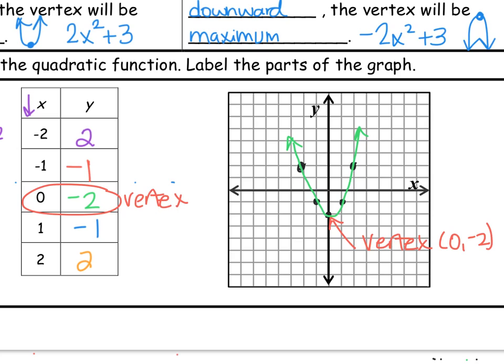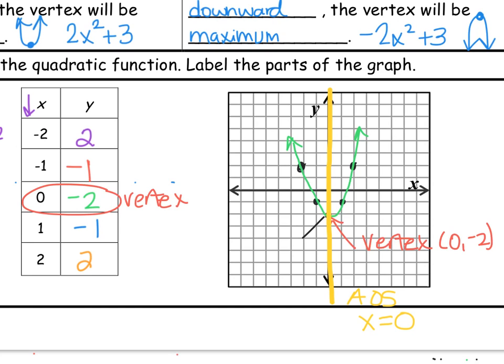Now if we're looking for the axis of symmetry, it is the line that divides the parabola directly down the middle. We'll use yellow for that, and it has to go through the vertex. In this case, the y-axis is our axis of symmetry, so our axis of symmetry is at x equals 0.